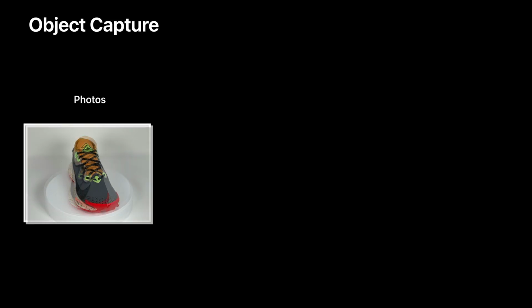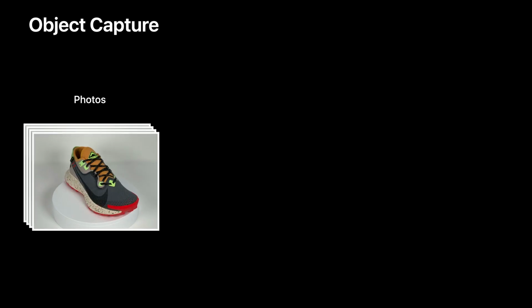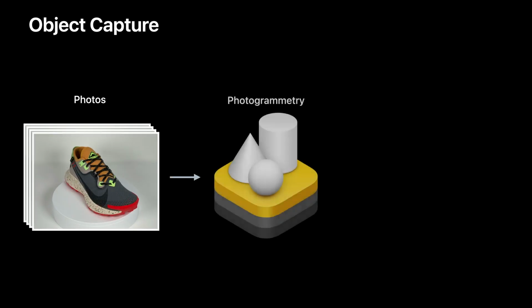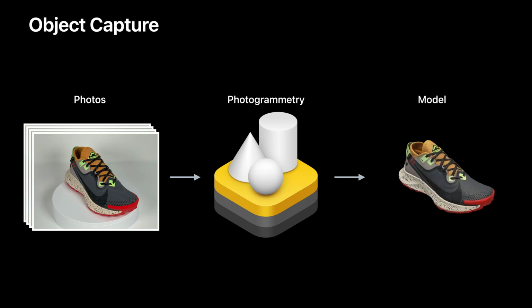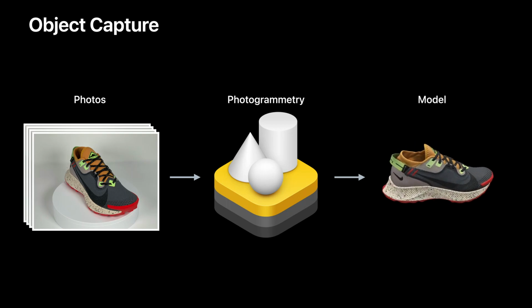Another use case that will greatly benefit by this API is the creation of 3D models using object capture. Object capture takes in photos of a real-world object, like this running shoe, and, using our latest photogrammetry algorithms, it turns them into a 3D model ready for deployment in your AR app. With ARKit, you can overlay a 3D UI on top of a physical object and provide better capture guidance.